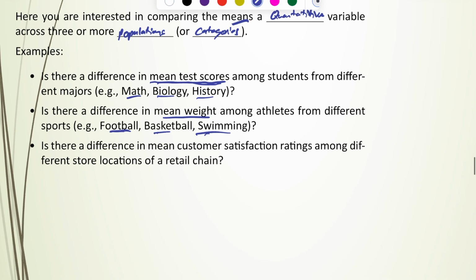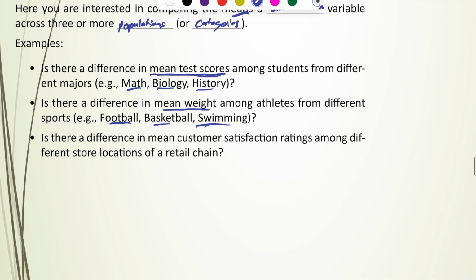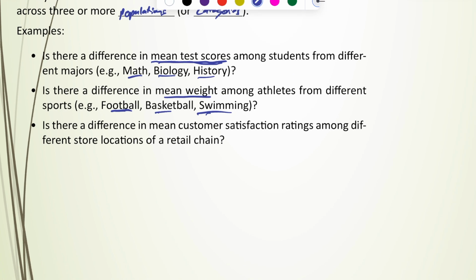Is there a difference in mean customer satisfaction ratings among different store locations of a retail chain? So one variable, this is the customer satisfaction. It's a quantitative one, 1, 2, 3, 4, 5. It's quantitative, but there's a bunch of different categories or populations.